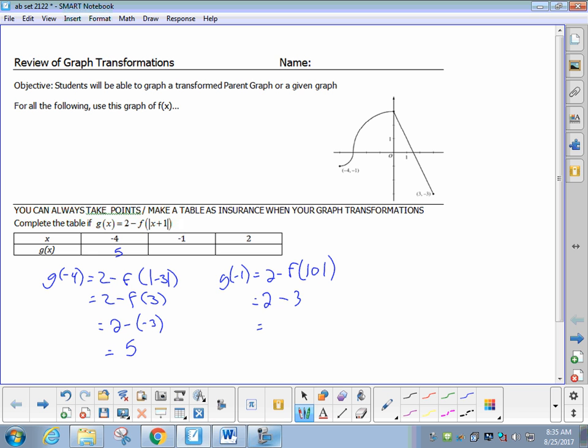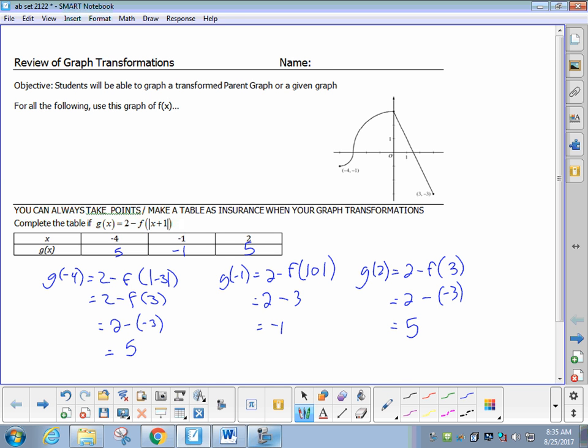What are you getting? -1, I agree. If you didn't get -1, then talk to me. What did we do wrong? If we're all good, then do the next one. What are you getting there for 2? 5.